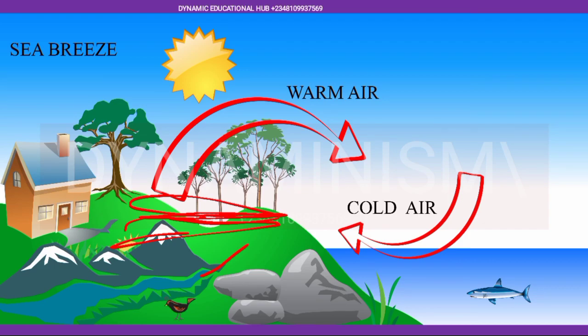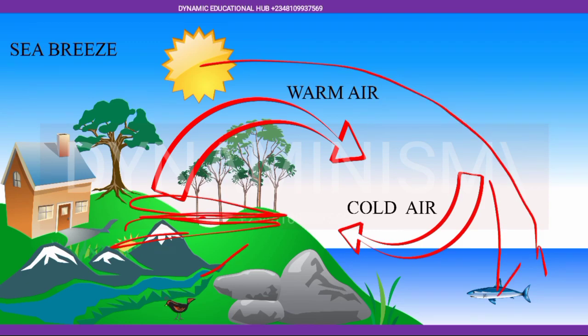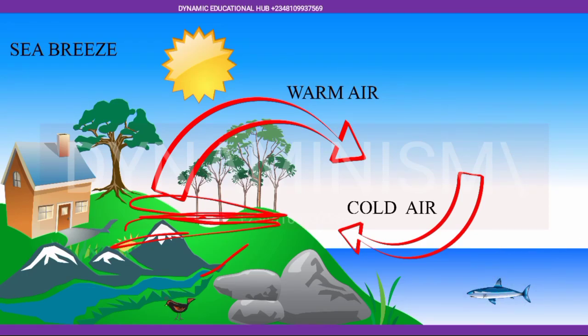So let's move to the sea. Now, the water has what? High thermal capacity. Now, this guy will start absorbing the heat instead of releasing the heat. So the water here will start absorbing the heat.